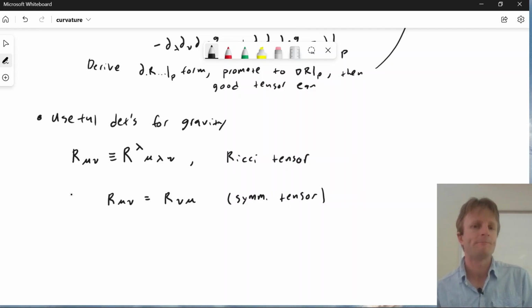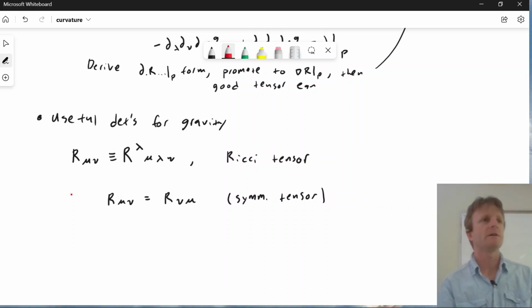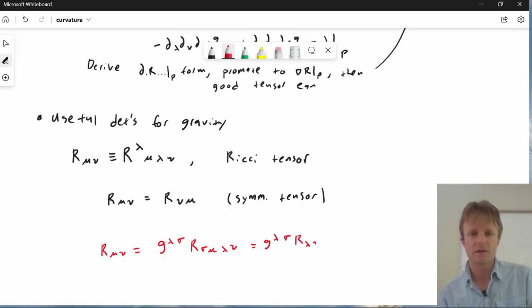Yeah? How do you know that it's symmetric? Because the Riemann tensor is only antisymmetric on the first 2 and the last 2. Well, no, there's property 4 that we can interchange pairs of indices. So if we lower it, let's do it. If we write this as g lambda sigma R sigma mu lambda nu, then by property 4 it can be g lambda sigma R lambda nu sigma mu.